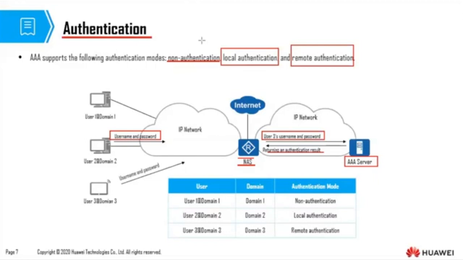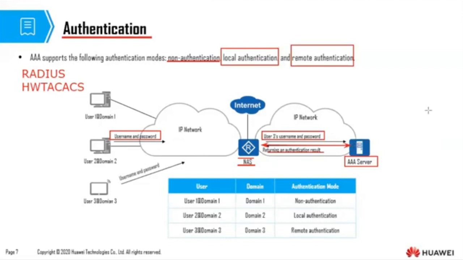Now, normally, remote authentication is implemented using one of these protocols. The first one is called Radius, but Huawei have their own proprietary protocol, so you'll meet this, that can also be used. Simply, what these protocols do is allow the communication between the NAS and the AAA server.